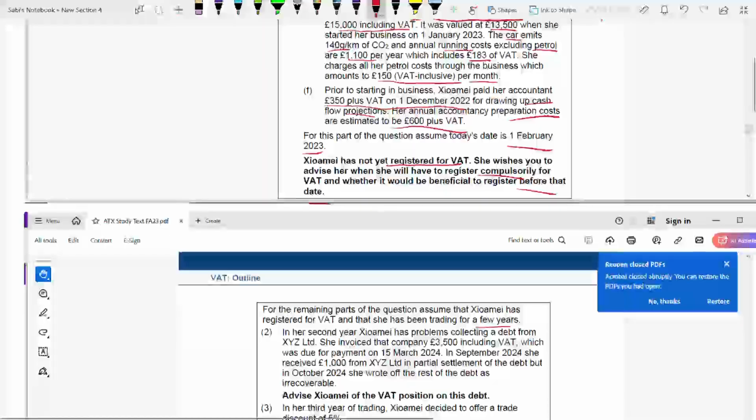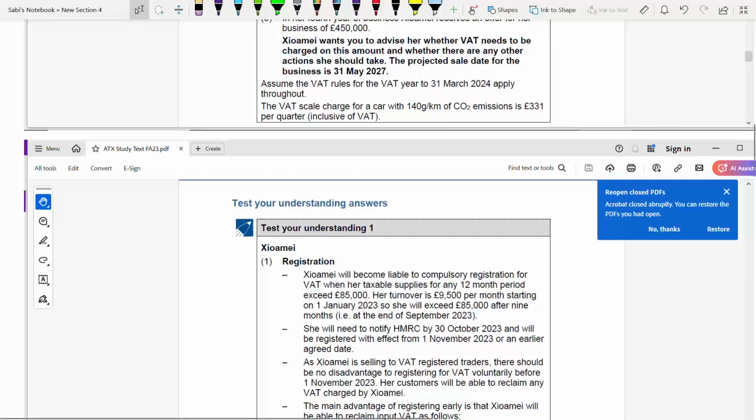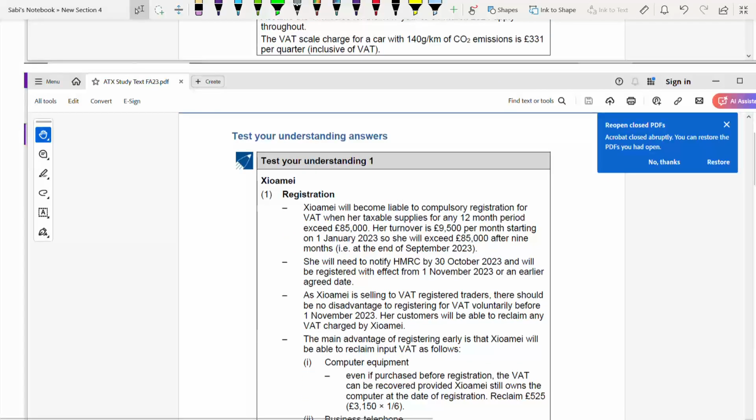Okay, so now we'll talk about registration. In this case, she will be liable to compulsory registration for VAT. So here we'll see her turnover. Her turnover is 9,500 per month starting on 1st of Jan 2023.